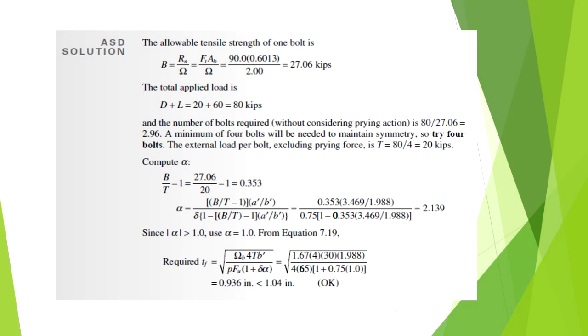Since alpha prime is greater than 1, use 1. From equation 7.19, the required tf is the square root of omega 4TB prime over pFu times 1 plus delta times alpha prime, or 0.936 inches, which is less than 1.04. So, okay.